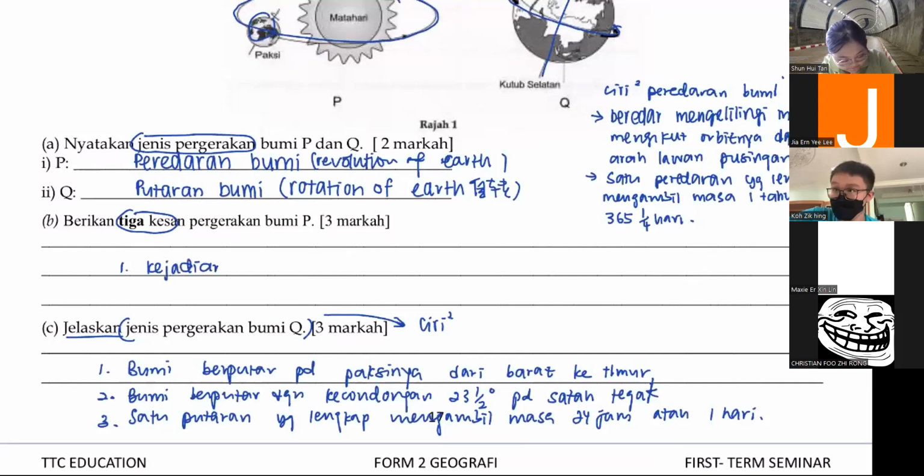Kejadian 4 musim, 4 seasons. Other than that, we will have fenomena gerhana matahari, the solar eclipse.